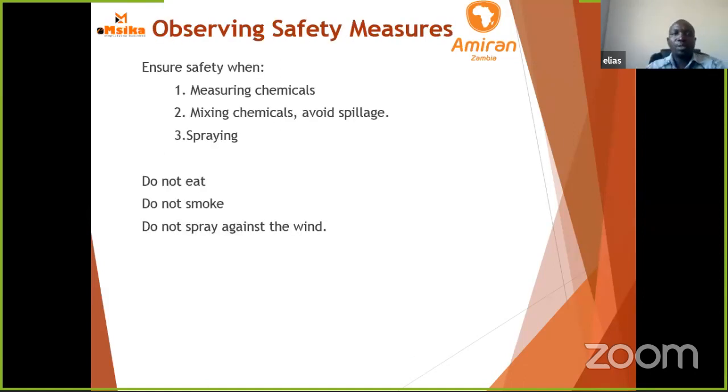Then observing safety measures, ensure that there's safety whenever you're measuring the chemicals. Before you start measuring your chemicals, you have to be in PPE, personal protective equipment. Then also you need not stand against the wind direction, but you need to stand in the wind direction, so that in case there's a blow of the wind, the chemical doesn't spill to you, especially the powder ones.